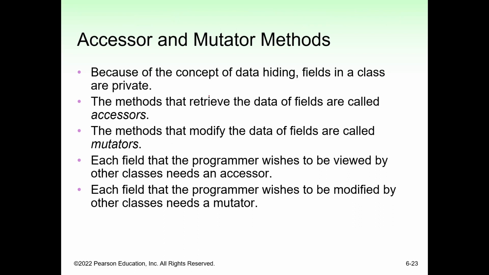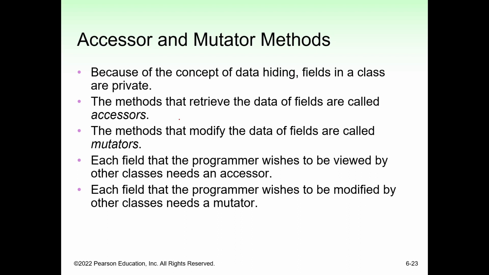Now let's recall the concept of data hiding that I just described to you. That is why our variables need to be private in our class. However, to retrieve the data of those fields, we use methods called accessors, or sometimes you will also hear getters. That's the way I learned it.